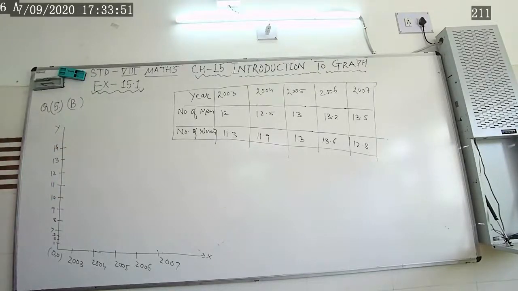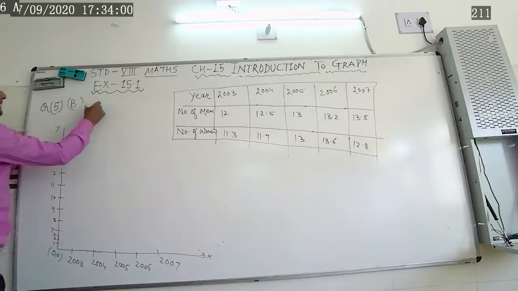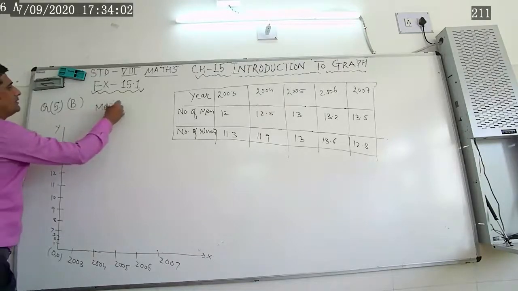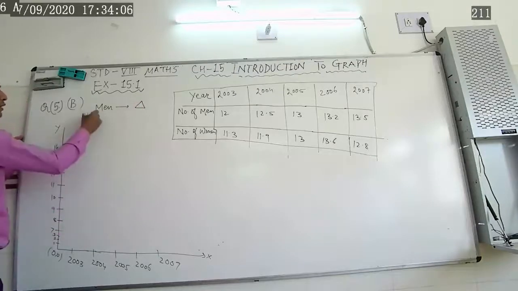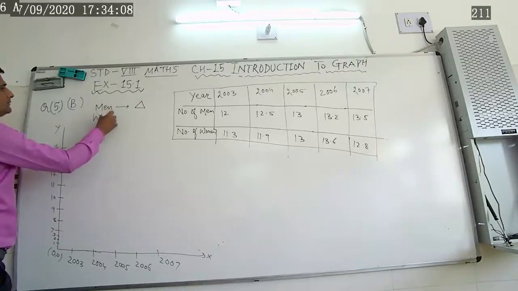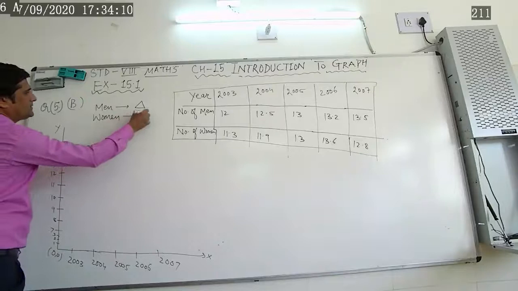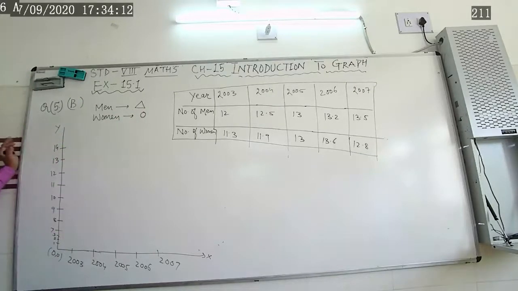These values I am taking successively here. So first of all, men and women. Men के लिए मैं जो सिंबॉलिकल रिप्रेजेंटेशन करूंगा ऐसे करूंगा, और वुमेन के लिए ऐसे. You can understand.